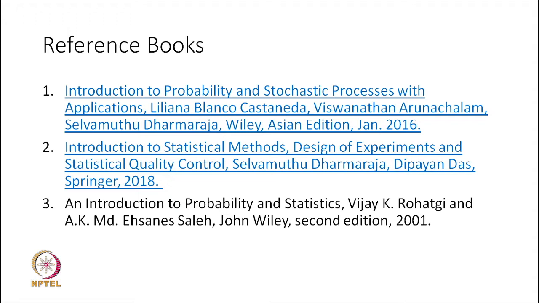Whereas, for the last 4 modules or part of statistics, the second book is Introduction to Statistical Methods, Design of Experiments and Statistical Quality Control by myself and Debasis Das. That book has the first 6 chapters in which these 4 modules materials are available.